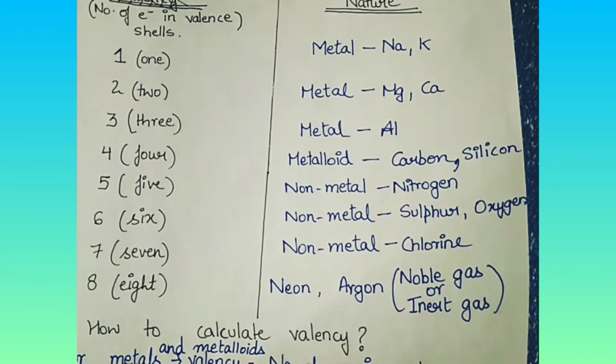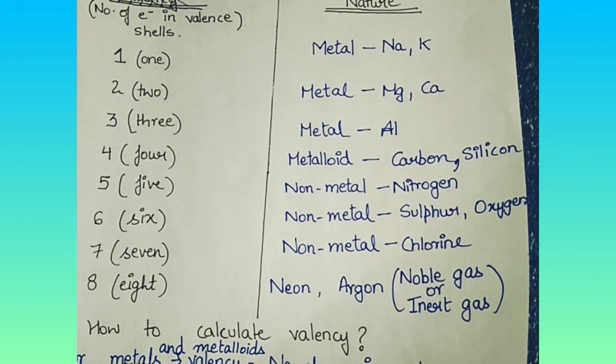Fourth one, if a compound or an atom has 4 electrons in its outermost shell, then it is referred to as a metalloid. Means it could act as a non-metal and it could act as a metal. For example, silicon and carbon. Fifth, sixth and seventh.